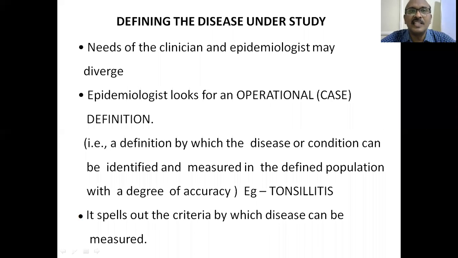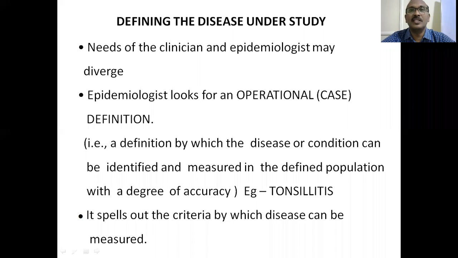Now, defining the disease under study. The disease under study has to be defined properly. Here, the needs of the clinicians and the epidemiologists may diverge. The clinician may diagnose the disease in light of his knowledge and may revise if the diagnosis proves wrong.